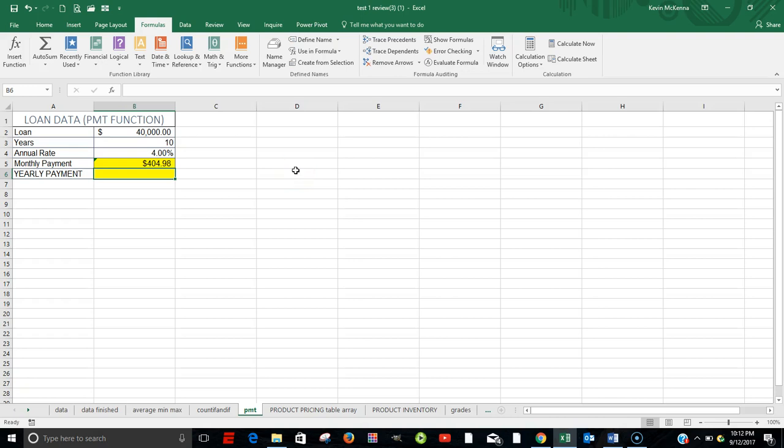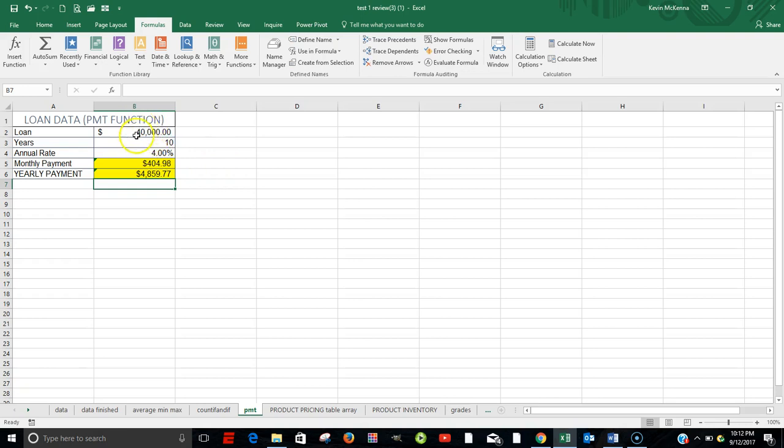So I'm just going to put in a simple formula: equal, take this amount here, which is B5, times 12. So we'd have to be making a $4,859 payment per year to be bringing down that loan of $40,000.